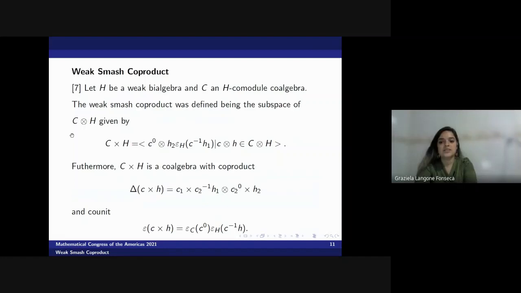This next definition is the definition of weak-smash coproduct. Let H be a Weak-Bi-algebra and C an H-comodule algebra.